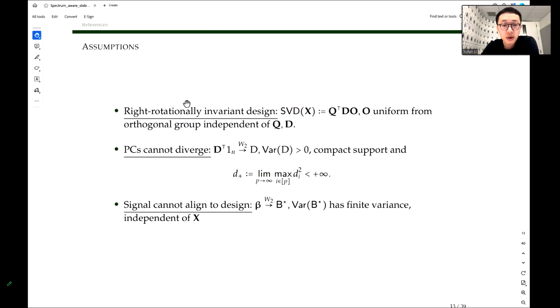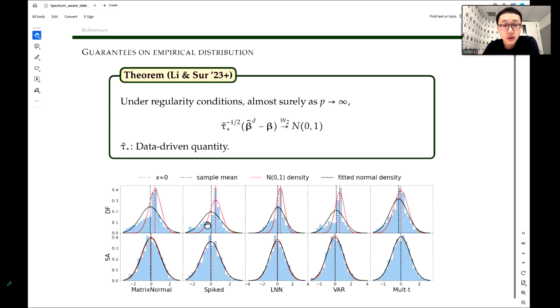So basically, under the assumption that the design is right rotation invariant and the principal components, or the eigenvalues, do not diverge, and also that the signal is deterministic or independent of the design, you will be able to have this normality result, which basically says that this converges to a normal distribution, and you can use this to develop inference procedures with false coverage proportion guarantees and things like that.